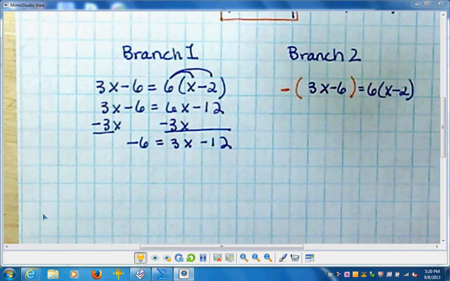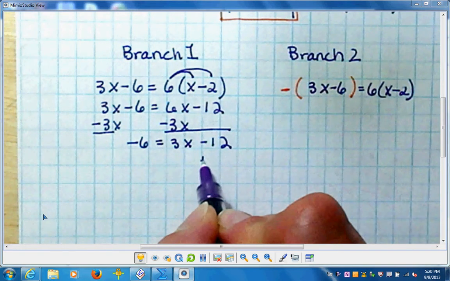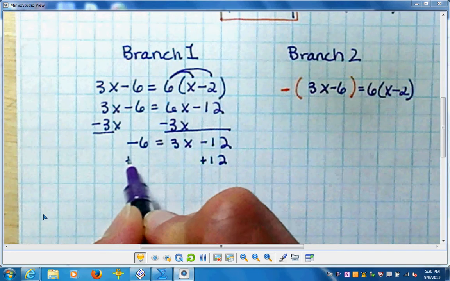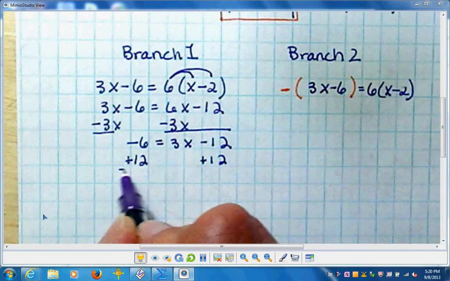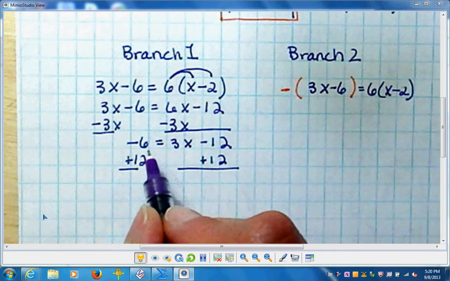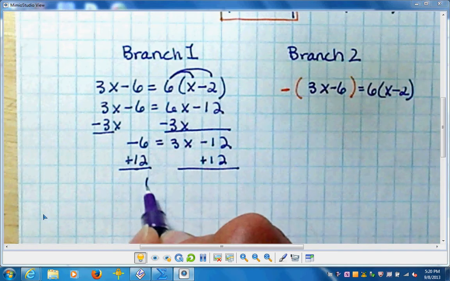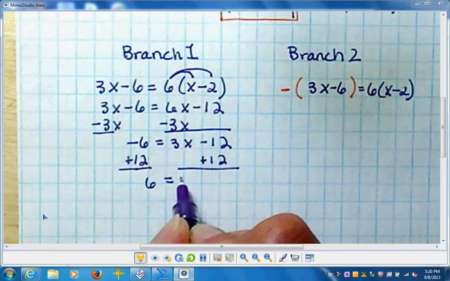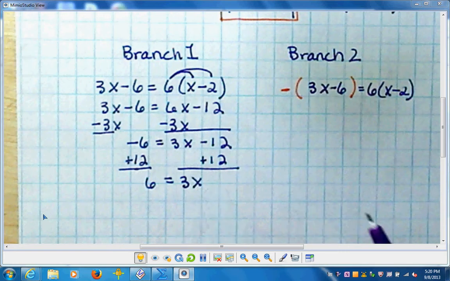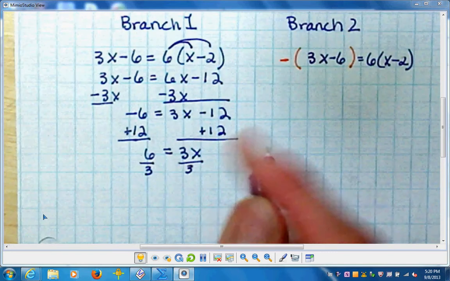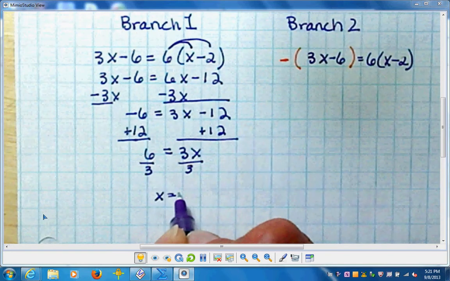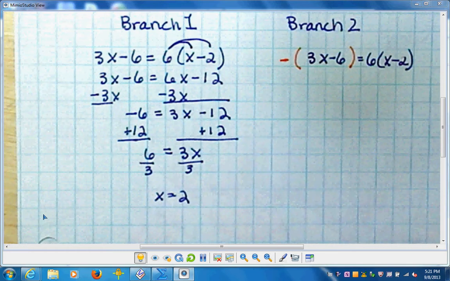I want to get like terms together, so I'm going to add 12 to both sides. So that means this is going to give me 6 is equal to 3x. Divide both sides by 3. And I get x is equal to 2. That's a possible answer.